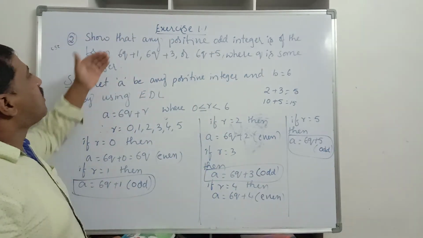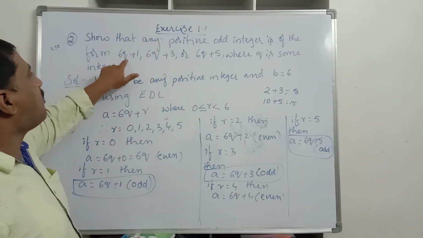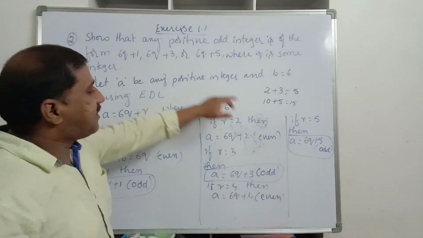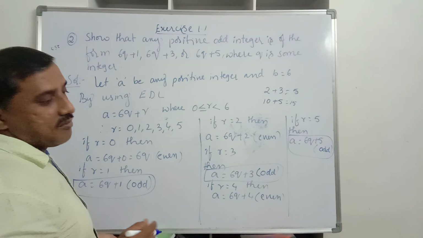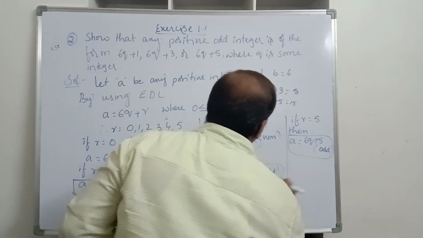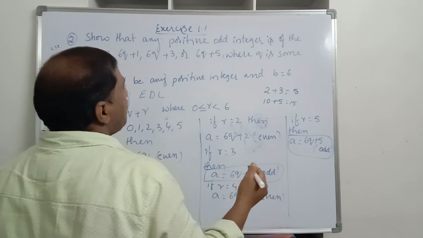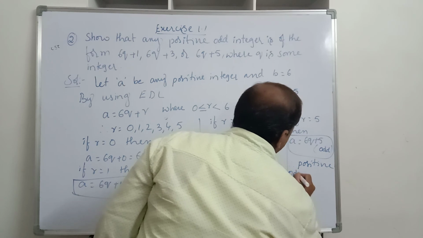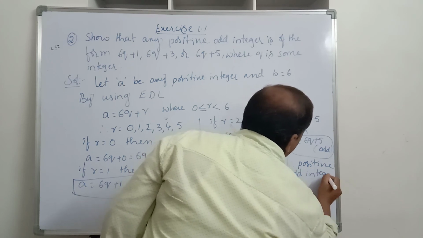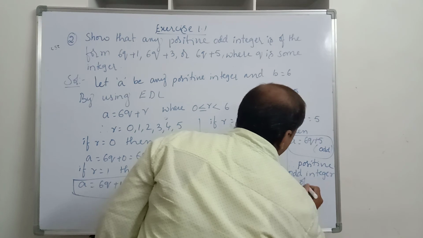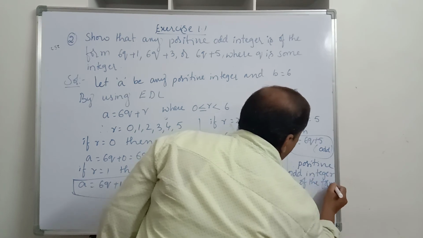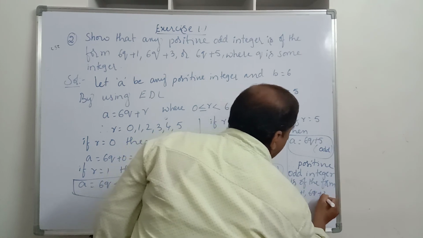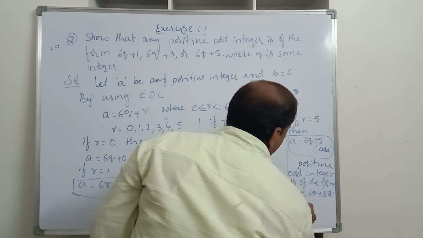So what we need to prove? Show that any positive odd integer is of the form 6q plus 1, 6q plus 3, or 6q plus 5, all odd numbers. Therefore, the concluding statement is: any positive odd integer is of the form 6q plus 1, or 6q plus 3, or 6q plus 5.